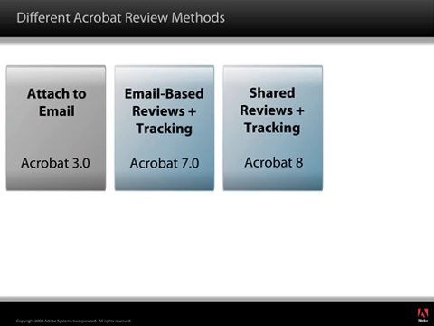Acrobat 8 took it to the next level and introduced something called shared reviews. This was no longer dependent on PDF files with comments or just the comments themselves being emailed back and forth. This allowed comments to be stored in a central location, as well as providing that tracking capability.